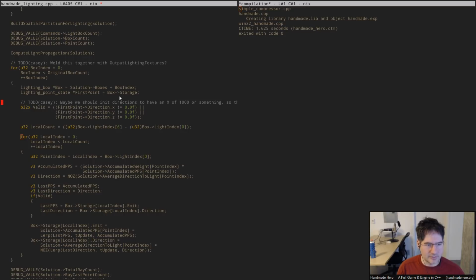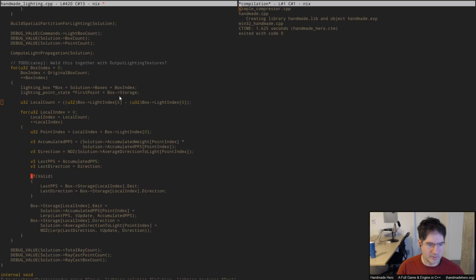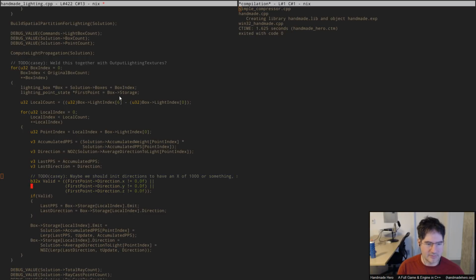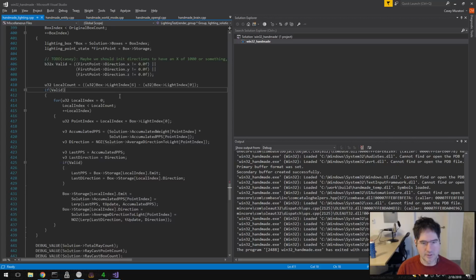Furthermore, this valid really should be done per time at this point, and I think we should just go ahead and do that, because again, we're going to have to figure out how we want to do that valid bit a little bit later, but I'm just going to go ahead and do it here. All right.